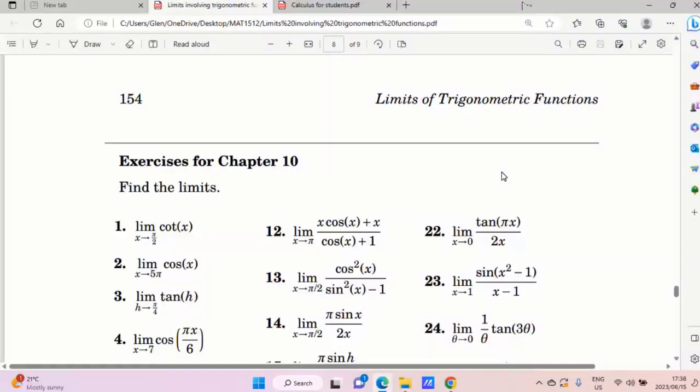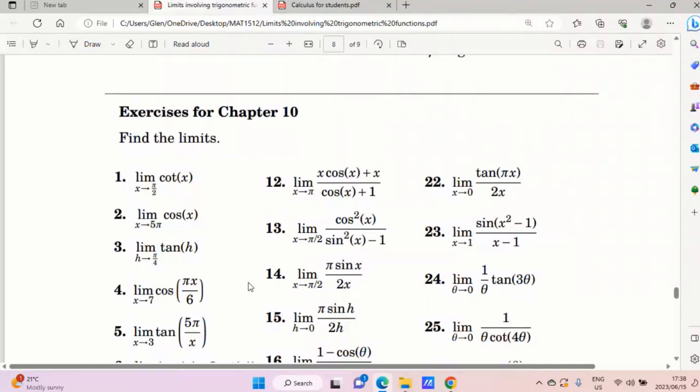Now, let's look at number 5. Here is number 5. Find the limit of the tan of 5 pi over x as x approaches 3. Now, Dalva, what did you get as an answer?